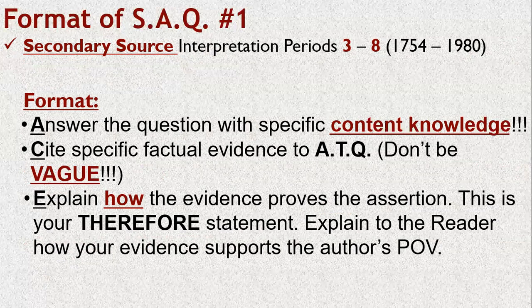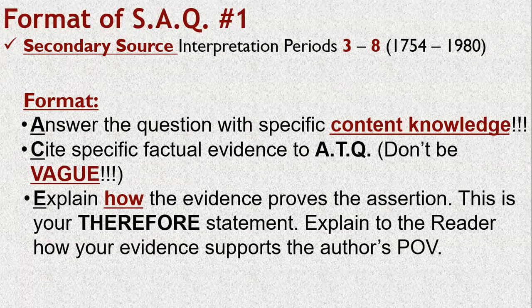What is the first author saying about the event? Okay, so a piece of evidence that's going to help support that point of view. Then cite that specific factual evidence to try to answer the question. So you're giving more detail, more context of what is going on that's helping to support that answer.